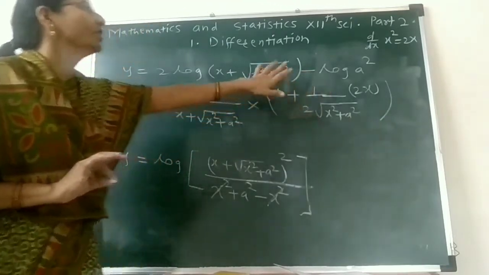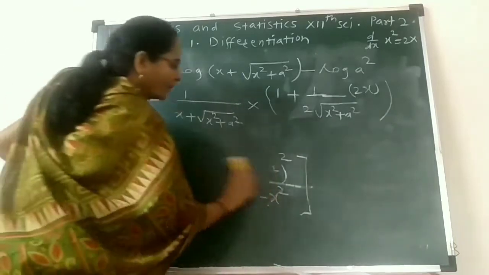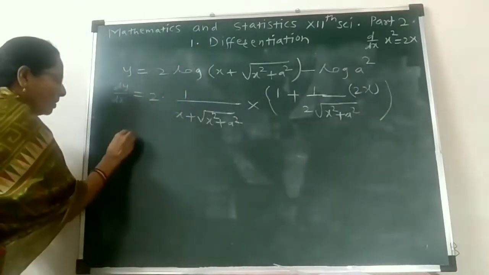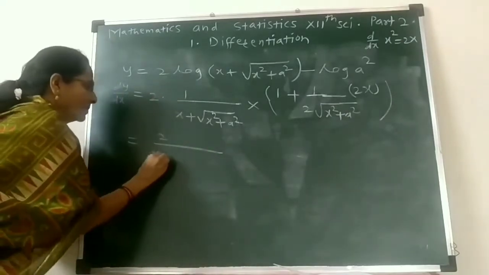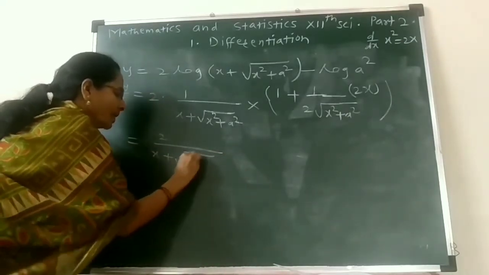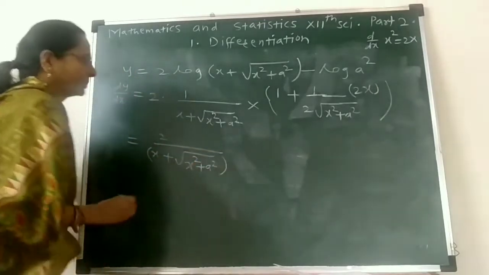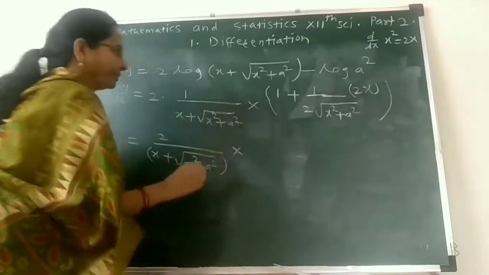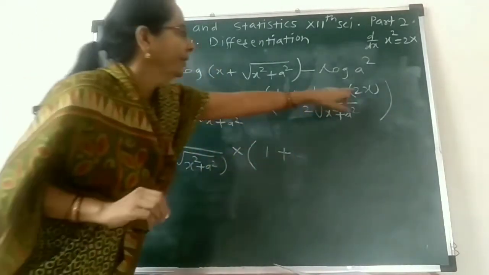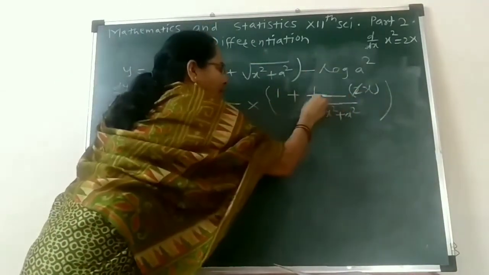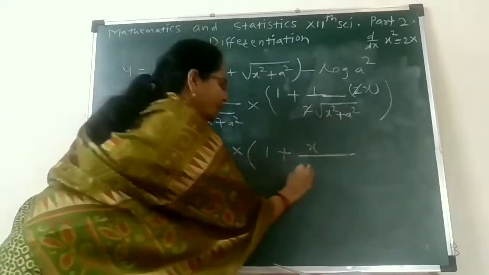So 2x plus 0 is 2x. In the numerator 2 into x plus root x square plus a square into 1 plus x upon root x square plus a square, the 2 and 2 get cancelled.